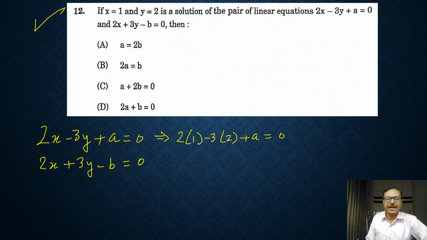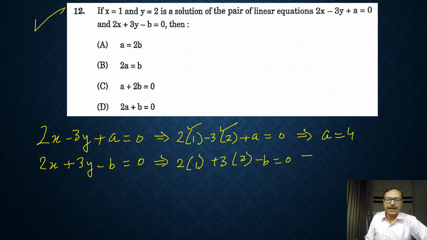And in the other one, x equal to 1 and y equal to 2, minus b equal to 0. So this is 2 minus 6, that is minus 4, so a becomes 4. And for the other one, the value of b will be 2 plus 6, that is 8. So a is 4 and b is 8.